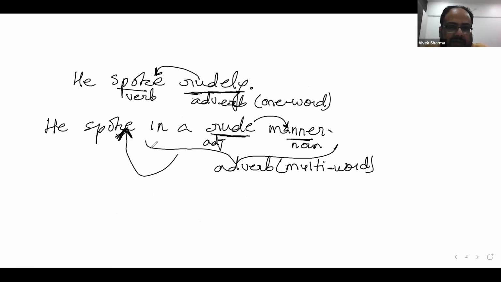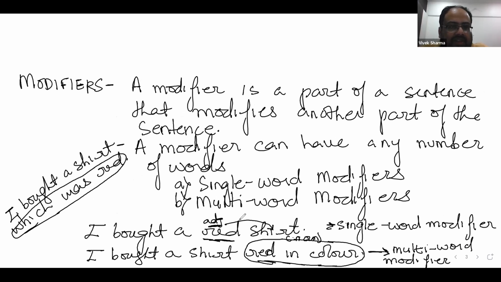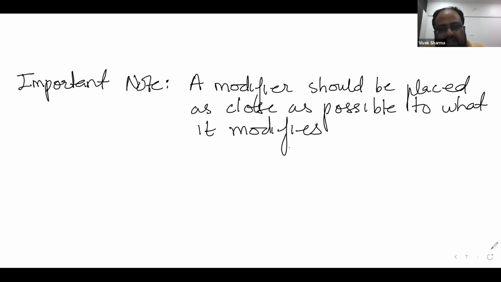Right? Even earlier, in a rude manner is placed next to spoke. Rudely is placed next to spoke. Right? Even with the other examples, red is placed next to shirt, red in color is placed next to shirt. And so take any example that we have discussed till now. The modifier is placed as close as possible to what it modifies.